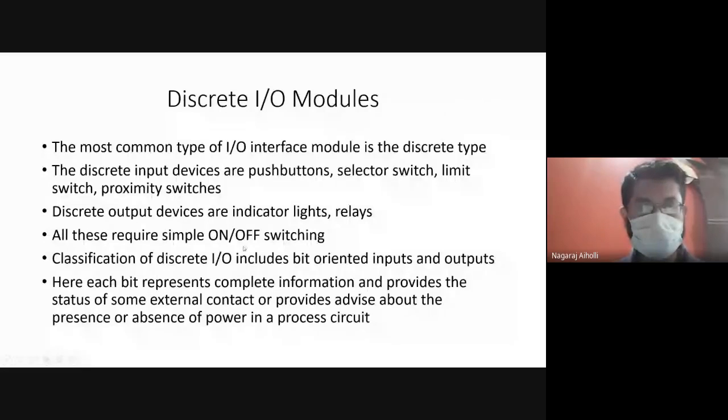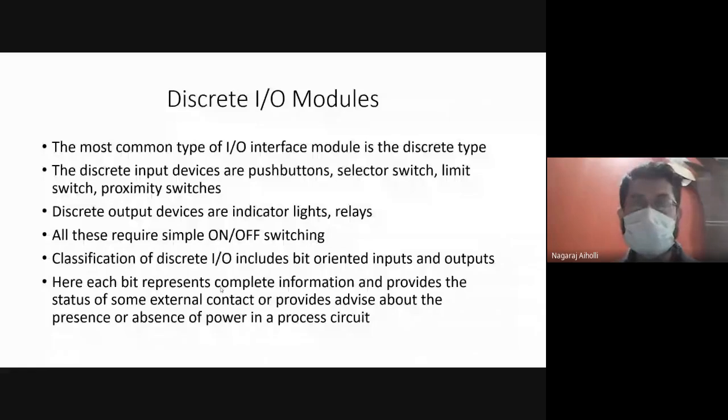Classification of discrete IO depends on the bit, whether the bit is 1 or 0. If the bit is 1, then it is on. If the bit is 0, it is off. Hence, each bit represents complete information. Every bit, 1 or 0, represents the status of the device, whether it is in the on state or the off state, and it also represents whether the current is flowing in the circuit.